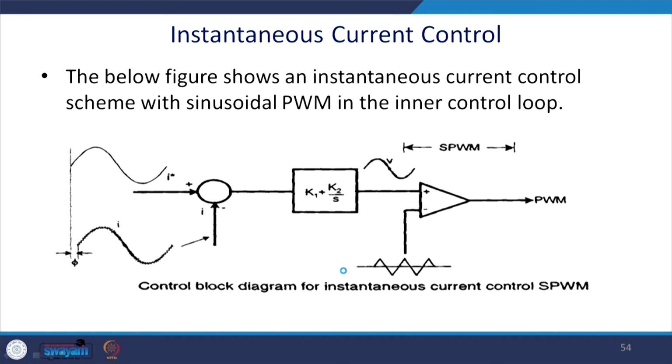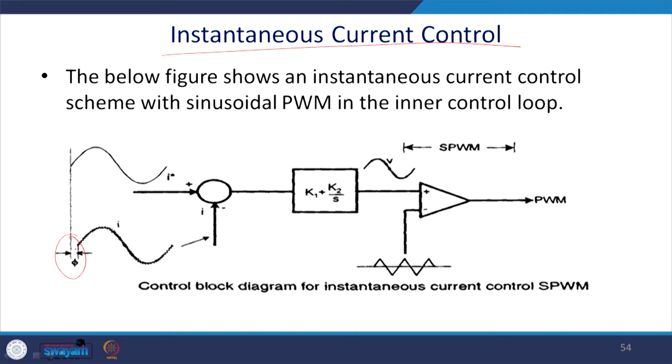So, this is an instantaneous current control. In this case you have a reference sine wave, and generally you will start with a delay because you cannot start immediately. So, you have to match it.